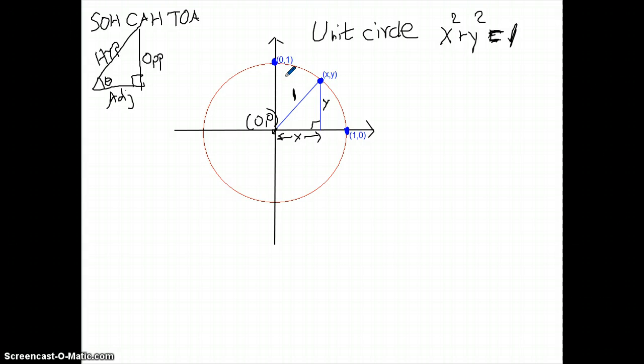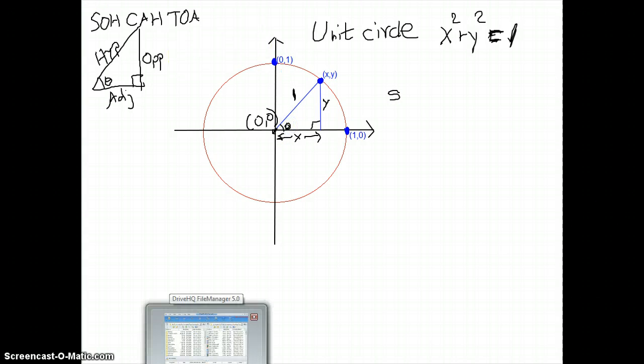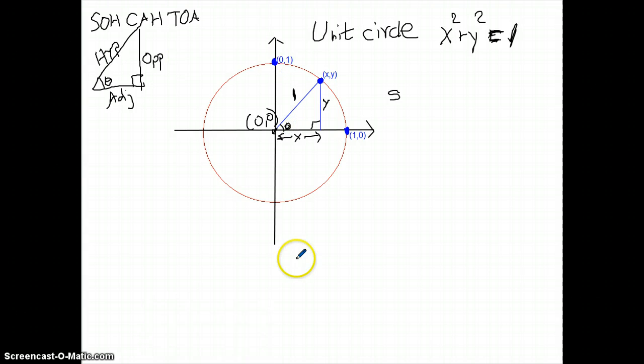So let's think about our right triangle. Oh, and this is theta. I should zoom in on this a little further. Okay, so let's think about sine. Sine of that angle theta.